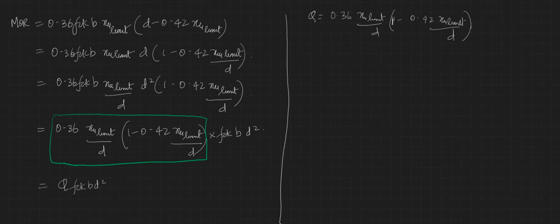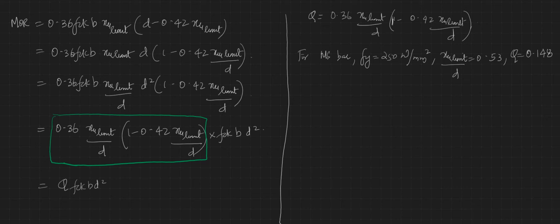So this value depends only on the grade of steel being used. For Fe250 grade steel, that is mild steel bar with Fy equal to 250 Newton per mm square, XU limit or XU max by D is equal to 0.53, and you get the value of Q as 0.148.